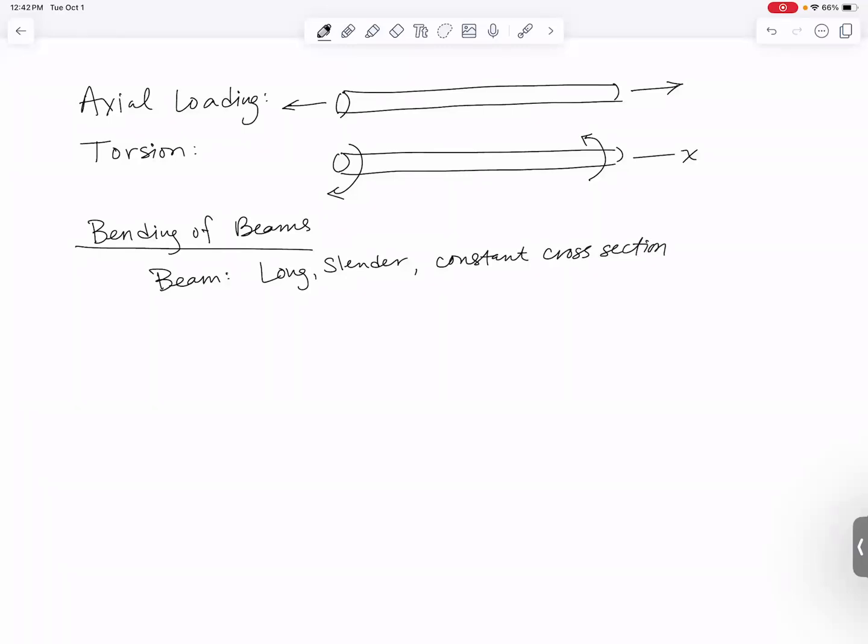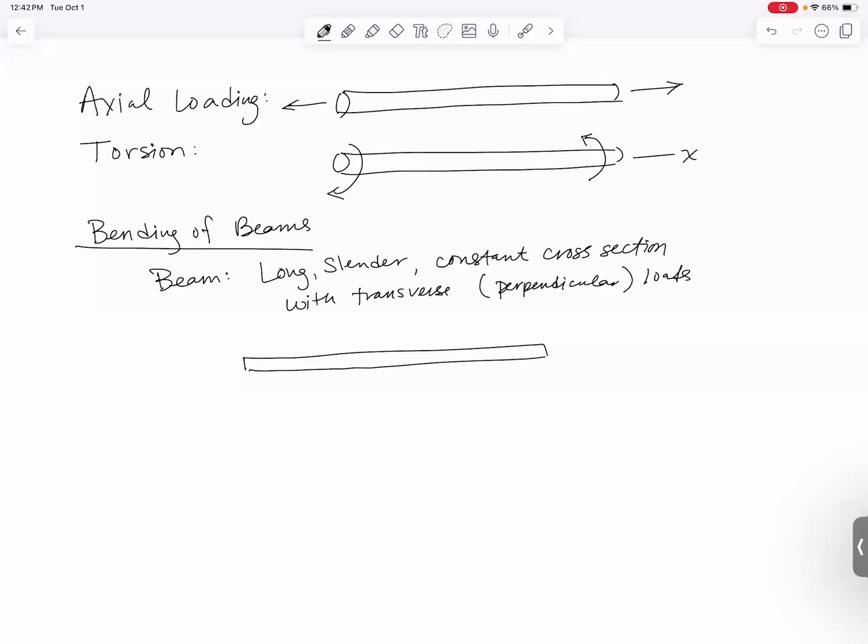And what makes it a beam and not an axially loaded member is it needs to have loads perpendicular to that cross section, with what are called transverse or perpendicular loads. We typically draw this in 2 dimensions as something that is long and slender with a constant cross section. And by transverse or perpendicular, I mean a load in the y direction, given that our beam is lined with the x direction. So a downward force F, that's considered a transverse load.